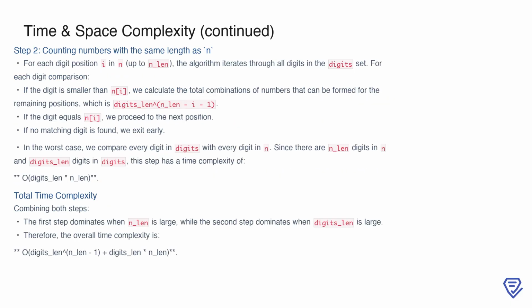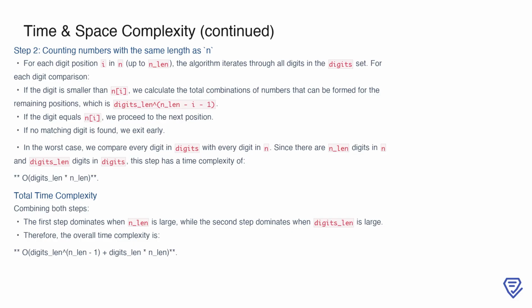This captures the computational effort of counting numbers with lengths shorter than n. The second step focuses on counting numbers that have the same length as the target number, n. For each position in n, we iterate through all digits in the provided digit set. If a digit in the set is smaller than the corresponding digit in n, we calculate the total combinations of numbers that can be formed for the remaining positions. This is computed as digits_len^(n_len-i-1). If the digit matches the current digit of n, we continue to the next position.